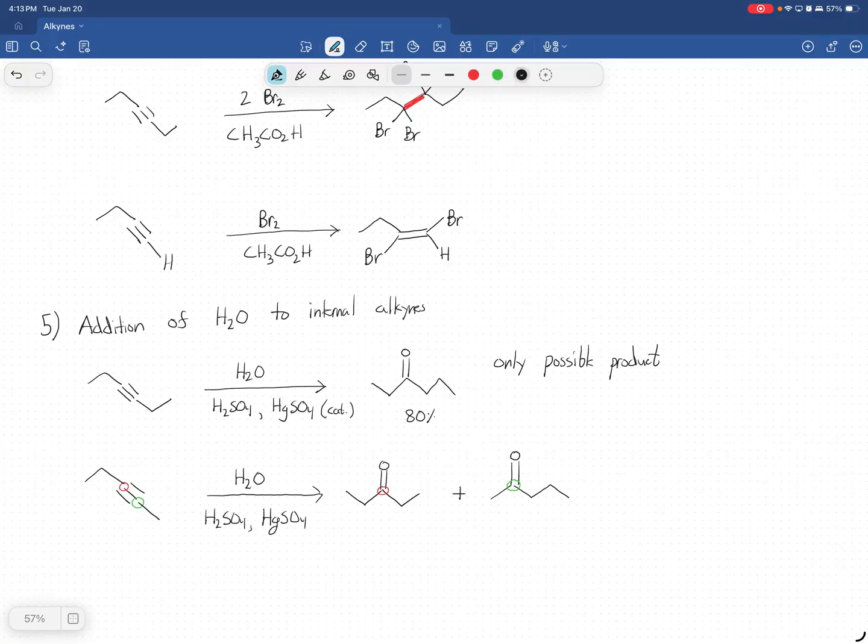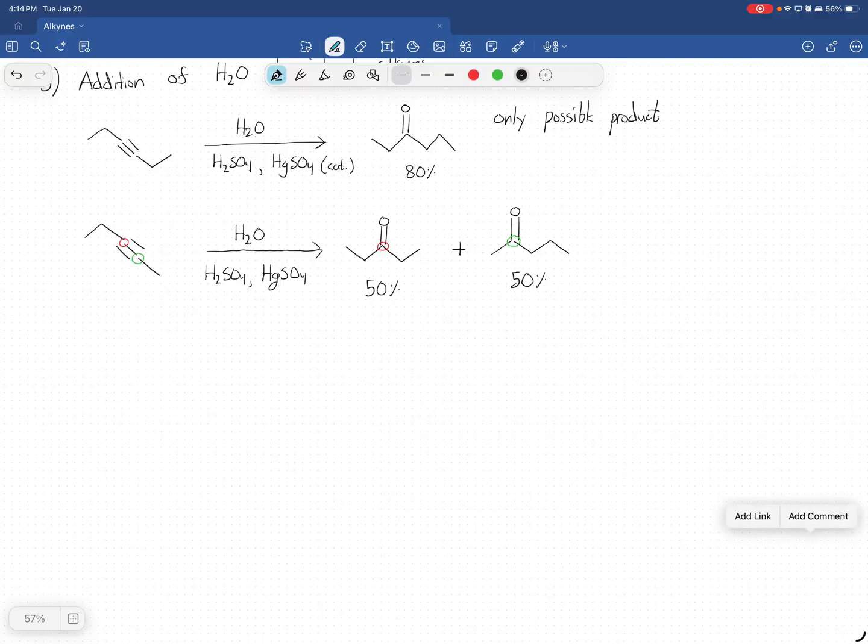You get these yields almost statistically, 50% for this molecule and 50% here. So when it's unsymmetrical, you get a mixture of products. If the left molecule is your target, you don't need the right molecule, you'll be wasting half of your results. So it's very wasteful if you get a mixture of products here.